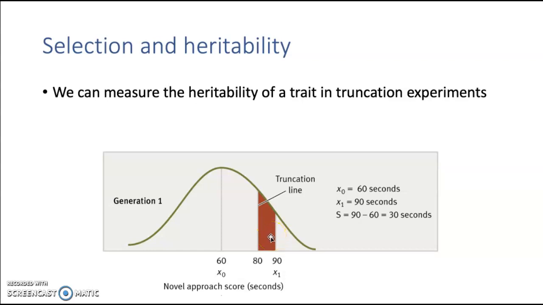So if the average approach score of individuals who actually reproduce is 90 seconds, then that's a very different average than the population average. So the differential, what we call S, the selection differential between the average reproductive individuals in the population and the average total score of the population, is 30 seconds.